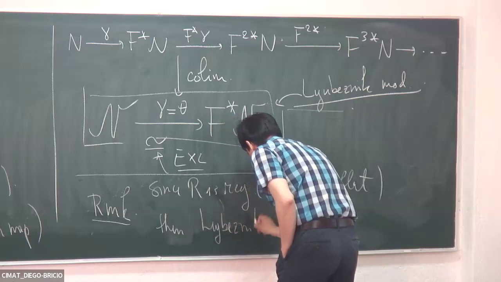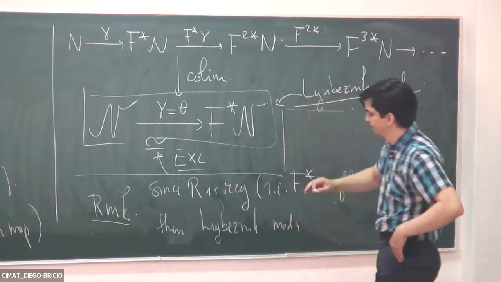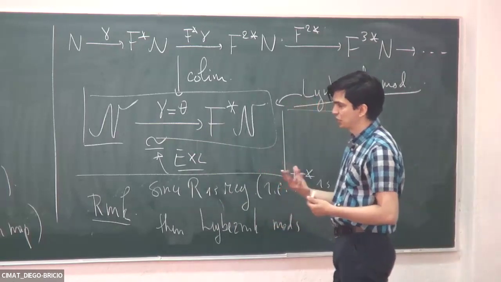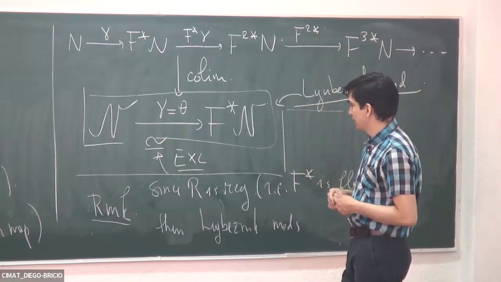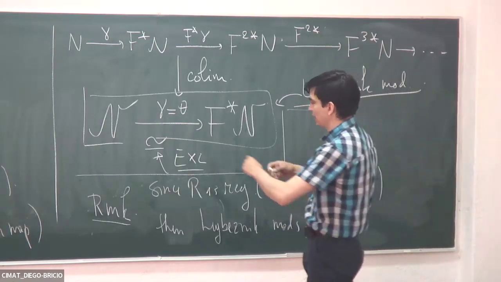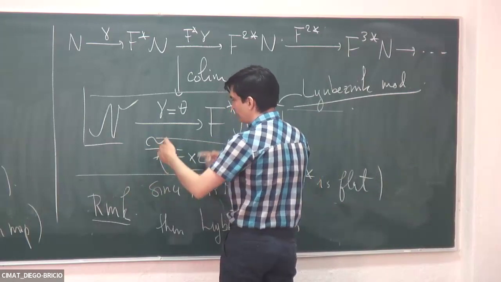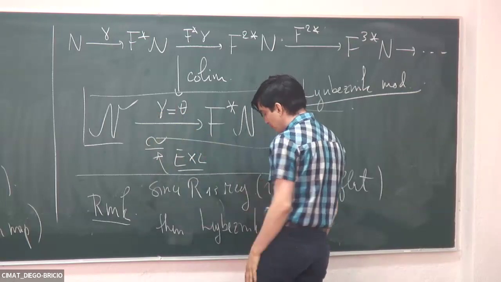So then, Lyubeznik modules, but the point is that they form a category, right? Like you can imagine what a morphism is going to be, right? Like you're going to have a map from here to another one, and what you want is a commutative diagram that is compatible with this structure, and so on, right?